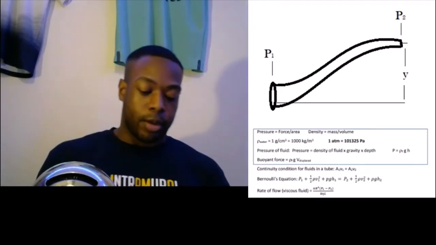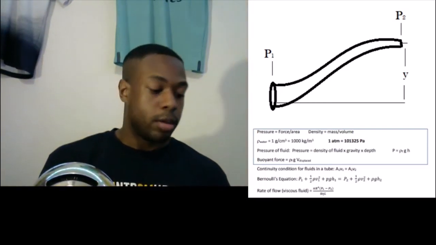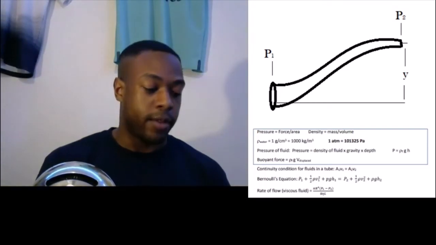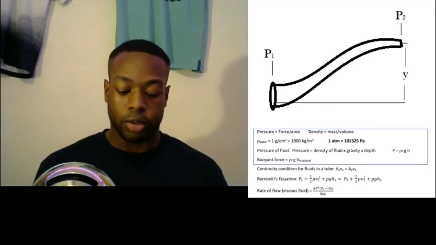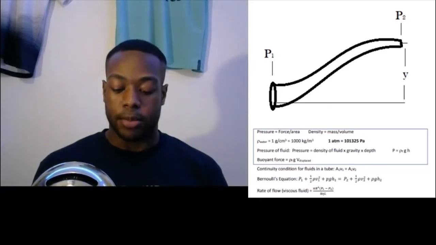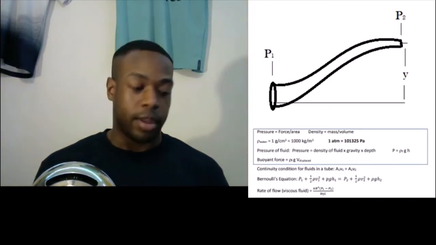So, pressure 1 plus 1/2 density times velocity 1 squared plus density times gravity times height 1 should equal the same thing for the opposite side.